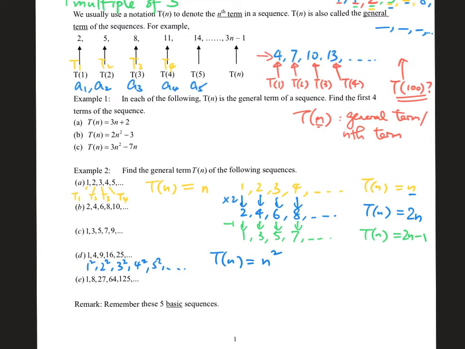After square, make a guess what I'm going to ask you. That's good. You find it is 1 cube, 2 cube, 3 cube, 4 cube, and also 5 cube. So what should be the general term of this particular sequence? Yes, that's good. It is n cube.